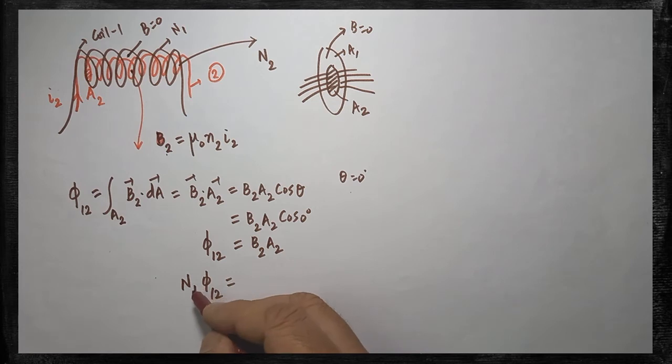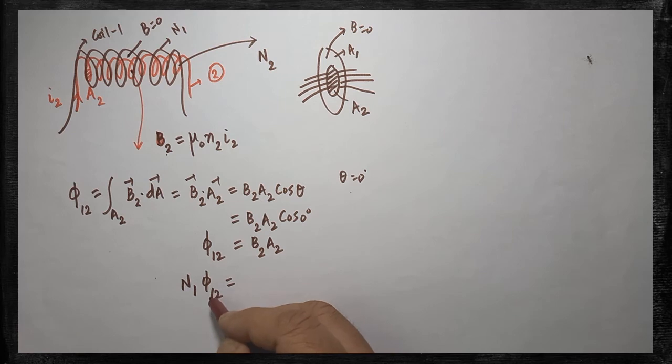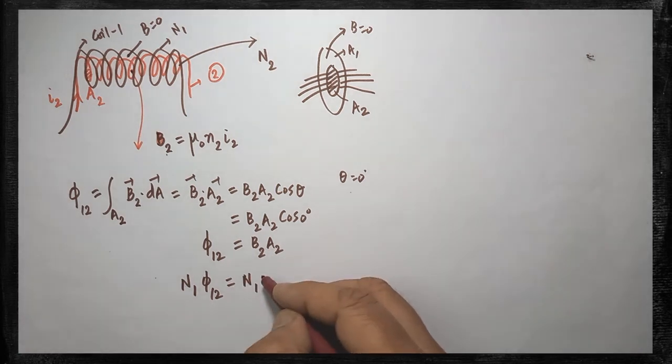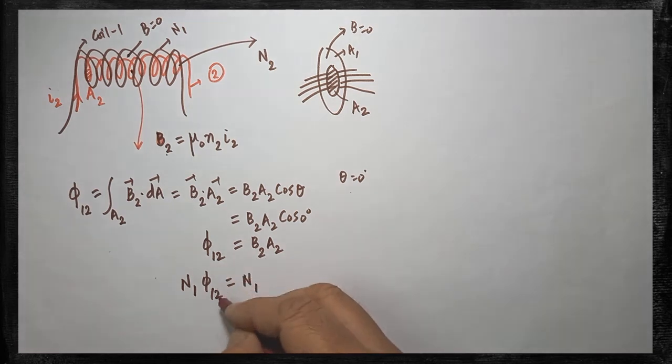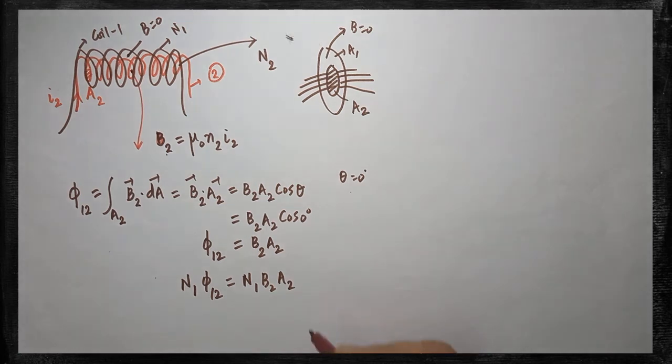Make a note: N1 phi 12 means flux linked with N1 number of turns in the first coil, while calculating M12. So here you write N1, and instead of phi 12 substitute B2 A2.